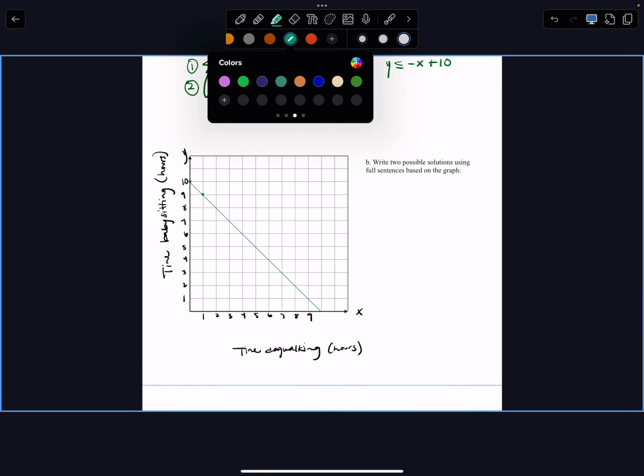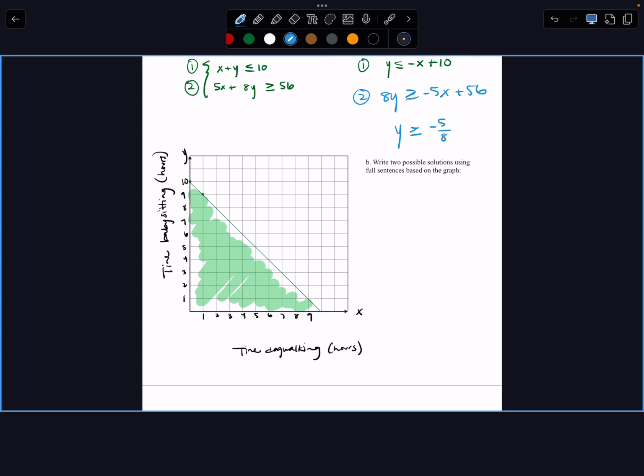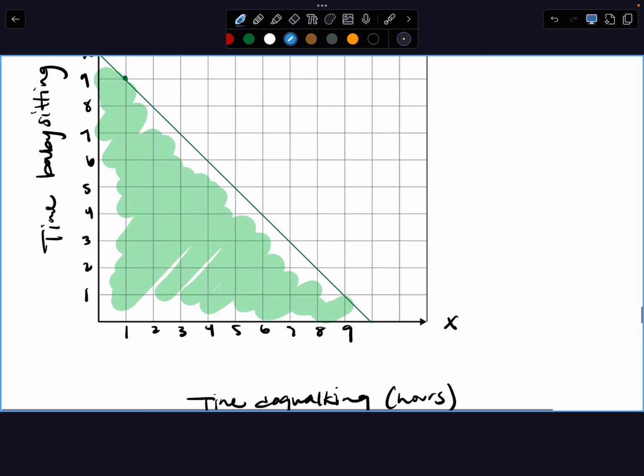Here, maybe I can just use like a really light green. And then for the second one, I'll use a different color. So second, we'd have 8y is greater than or equal to minus 5x plus 56. So negative 5/8 x plus 7. It's being so glitchy.